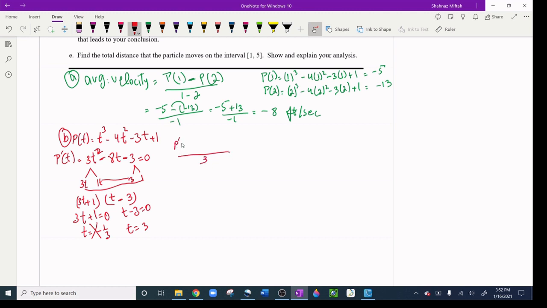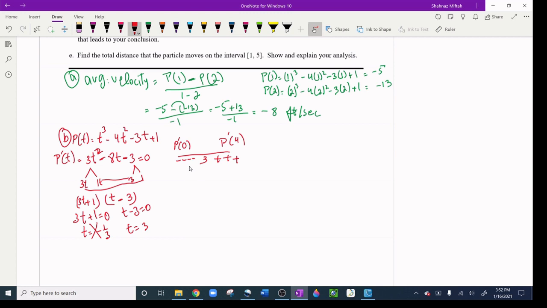Pick something and plug it into p prime, probably 0 and 4. If I plug in 0 here, I'm getting a negative answer. If I plug in positive 4, like 4 times 4 is 16, 16 times 3, 8 times 4 is 32, and minus 3, I am getting positive here.